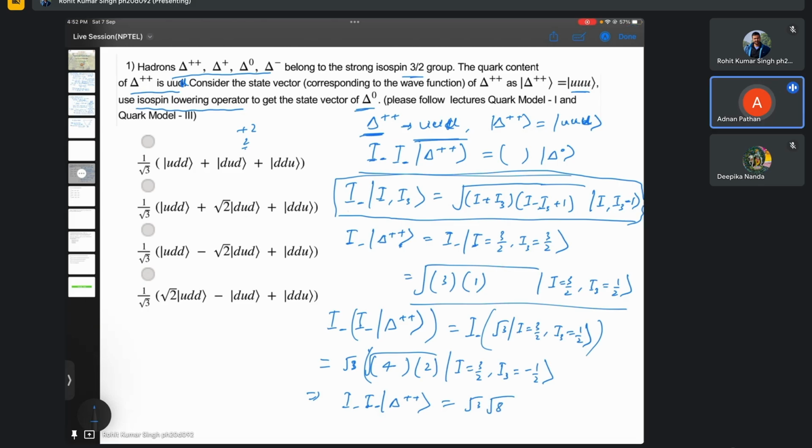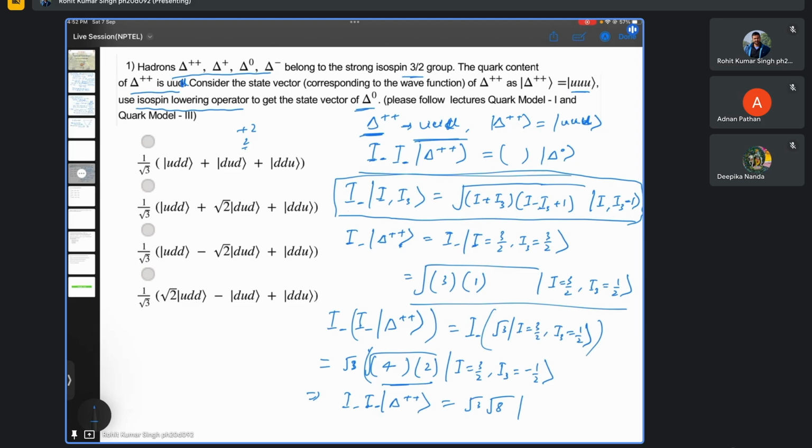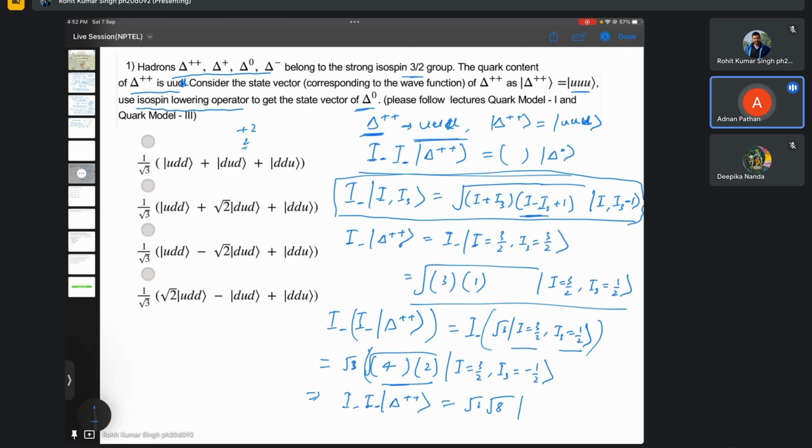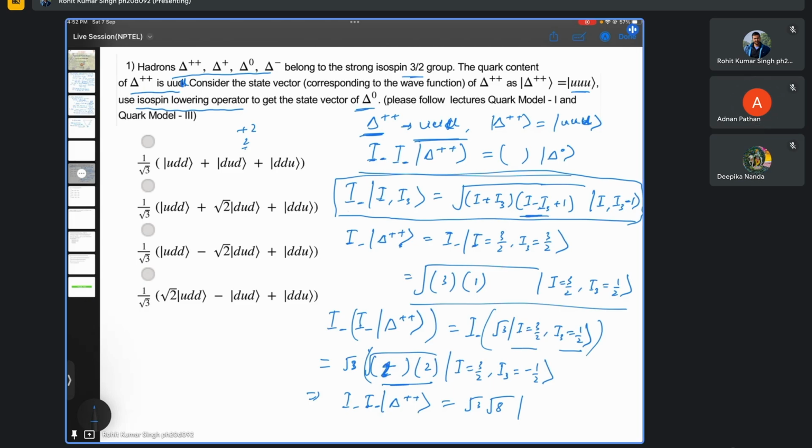Sir, under root 4, sir. Where? Here? Yes, sir. That 3 by 2 plus 1 by 2 will give you 2. Wait, so what you are saying? 3 by 2 minus half gives you 1, right? Yes, sir. Over there you'll get 2, and for the I plus I3, 3 by 2 plus 1 by 2 will give you 2. Oh, sorry, I forgot to divide by 2.